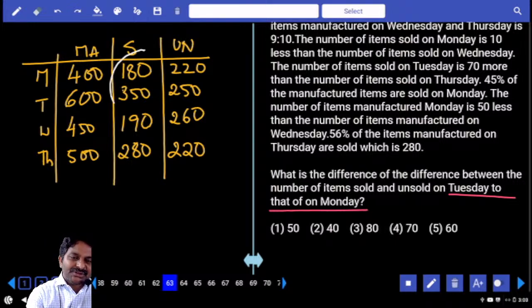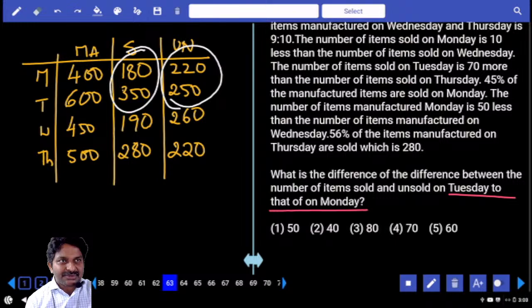Their meaning is Monday, Tuesday sold items, Monday, Tuesday unsold items, their difference.